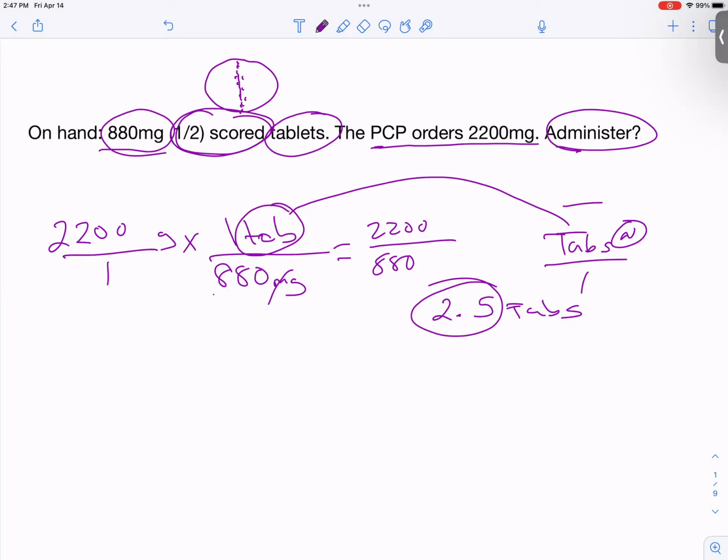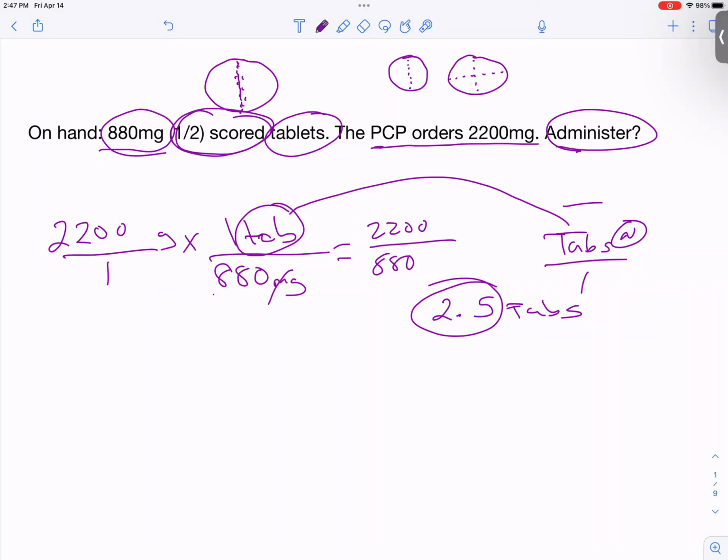All right. So when it says like half tabs or like 1/4, it's just 1 tab. Yeah, if it says it's the scored tab on the exam, you're going to see a picture. All right, you'll see a picture of a pill, and it'll either have a perforation like this, or it'll have perforations like that.